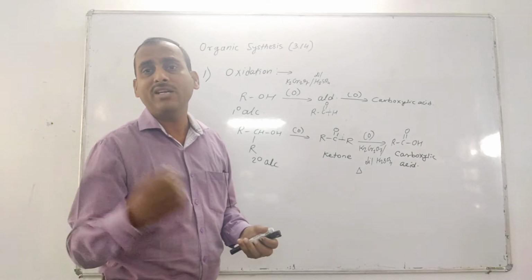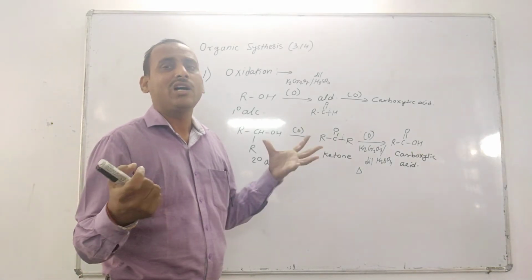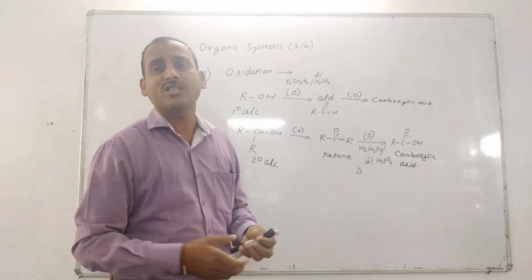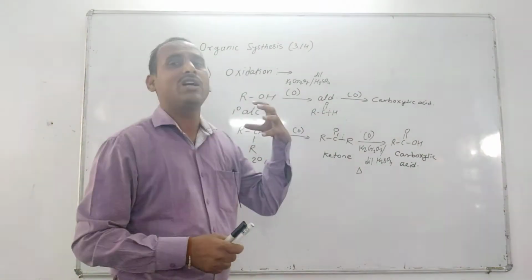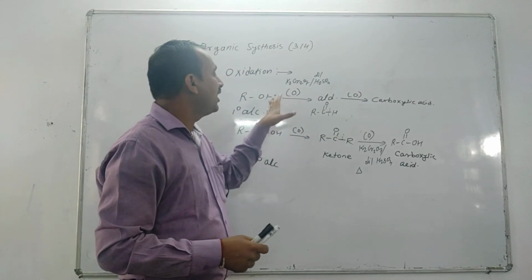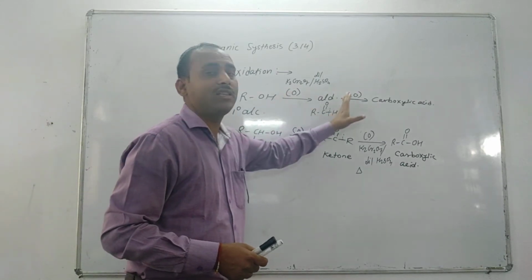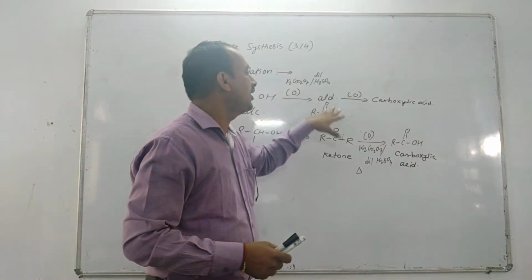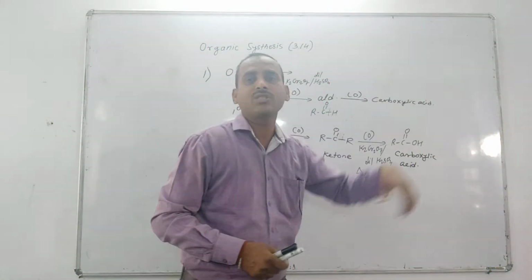These are the mild oxidizing agents. Also Jones reagent, and Swern oxidation. In Swern oxidation, the reaction is stopped at the aldehyde. If we use a strong reagent, then the aldehyde is further oxidized to carboxylic acid.